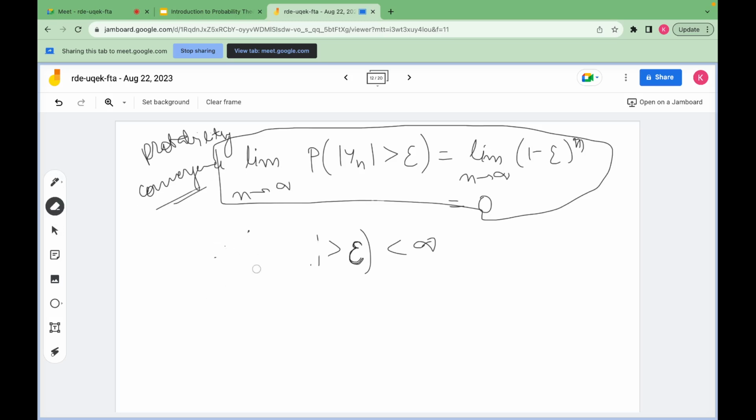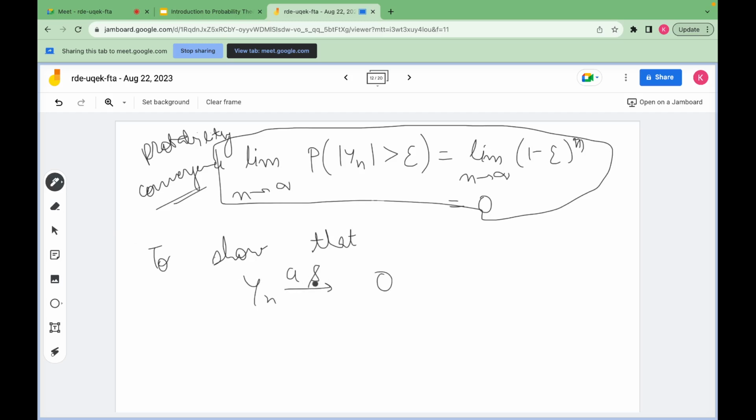Now to show that Yn is 0 almost surely, we need to show that the sum for n equal to 1 to infinity of the probability that Yn is greater than epsilon is a finite quantity. Okay, this should be a finite quantity, right?